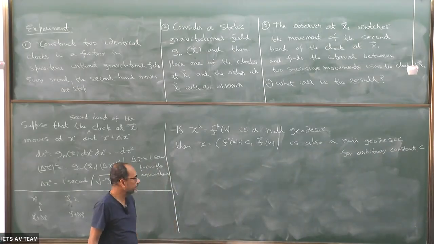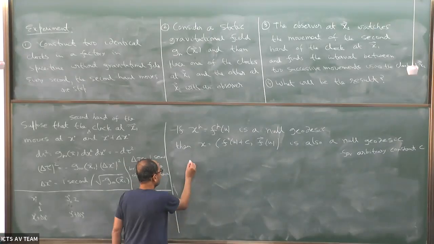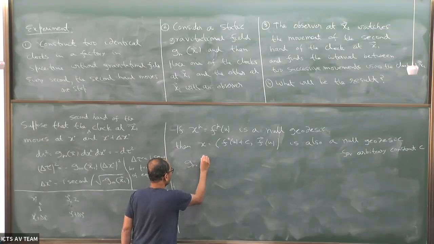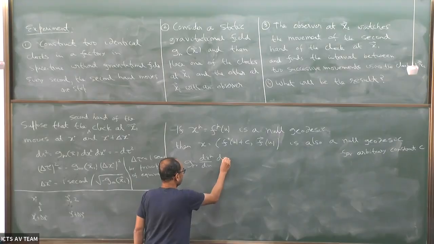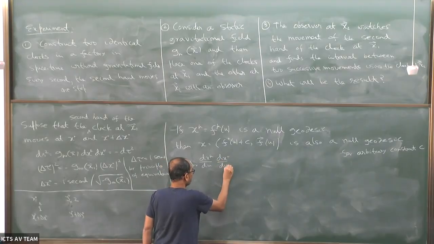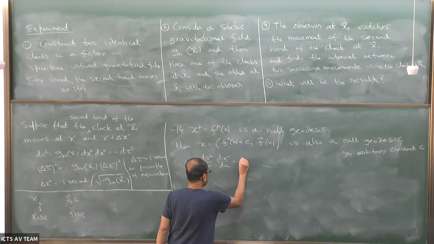Okay. First, let's try to check that it remains null. So g_μν(x) dx^μ/du dx^ν/du is null, right?